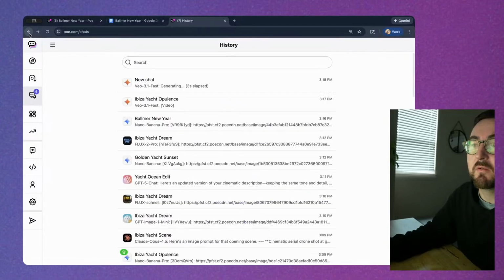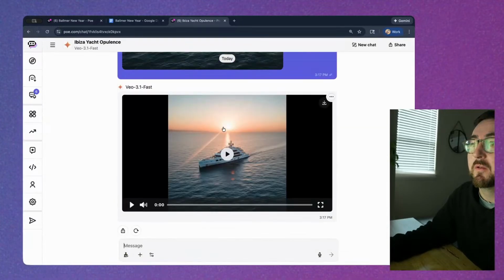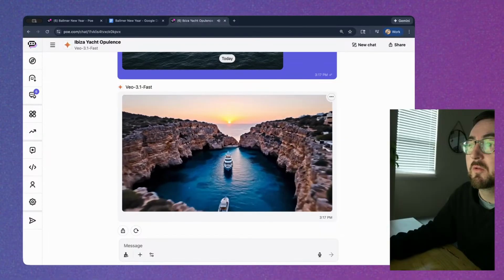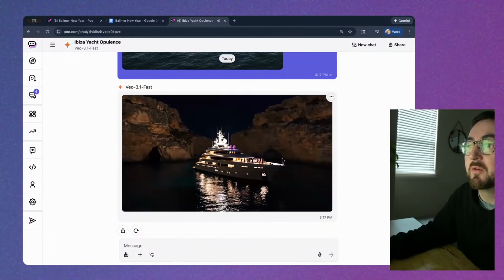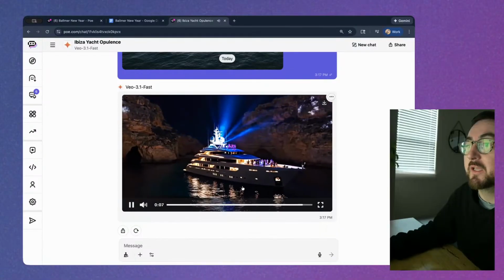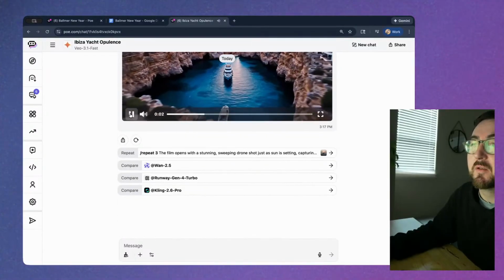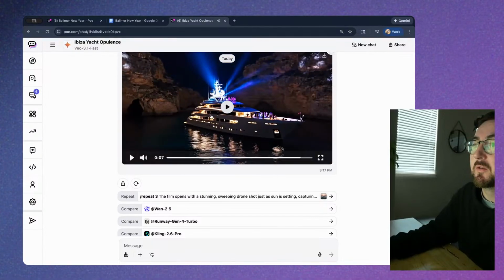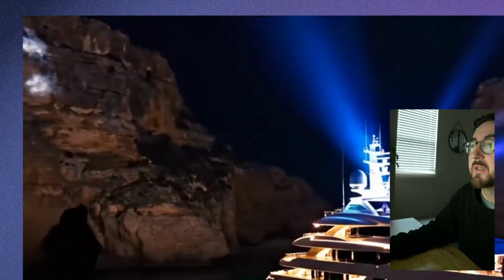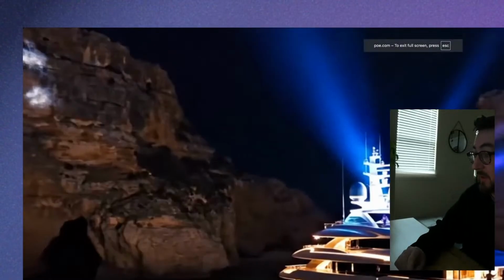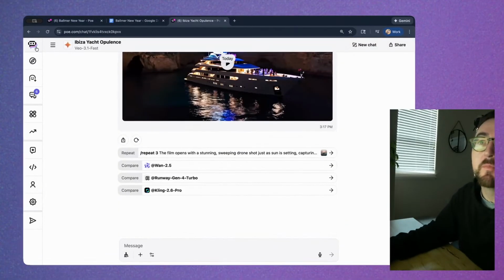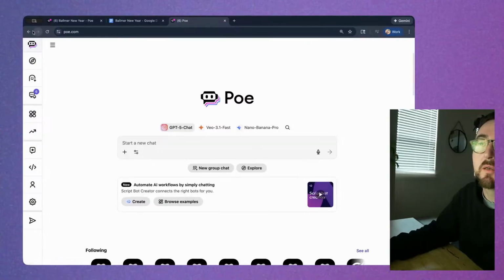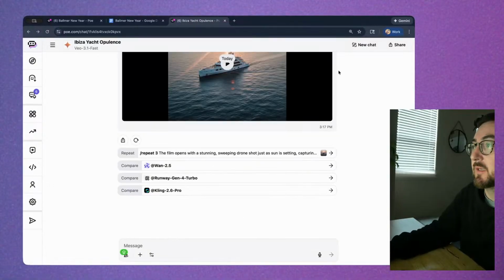So this is going to generate... What a terrible... Okay, I like the end of this a lot, so what I'm going to do is try and take this and go back to it.